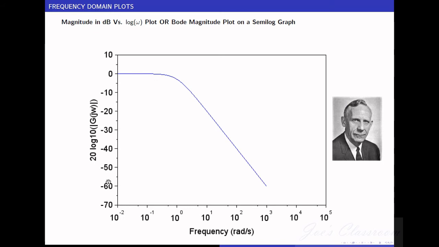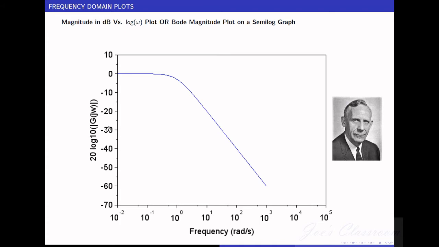as proposed by Bode, we take the frequency in the horizontal axis in logarithmic scale and we convert the gain to decibels and we take that decibels value in the vertical axis on a linear scale.